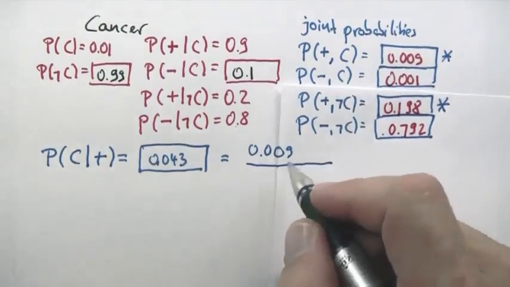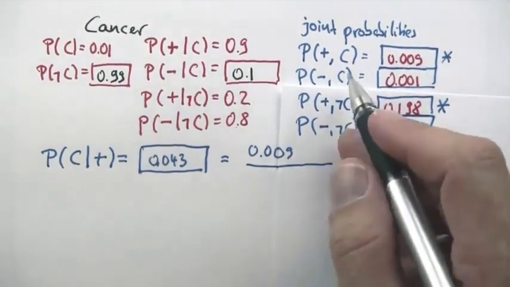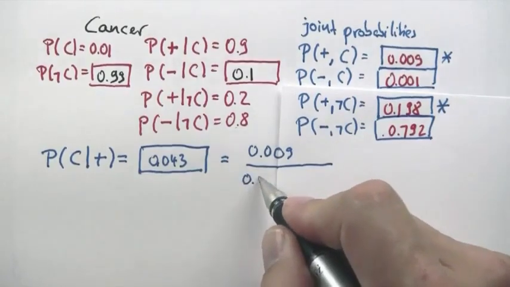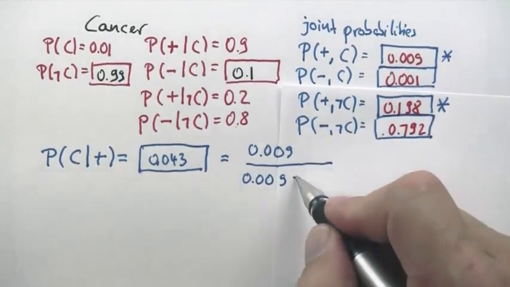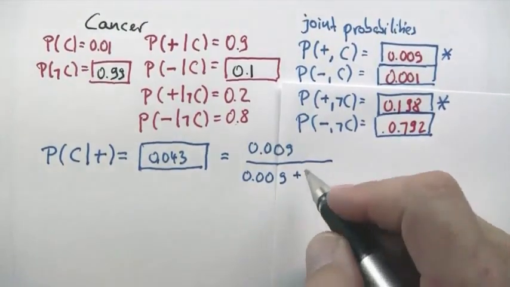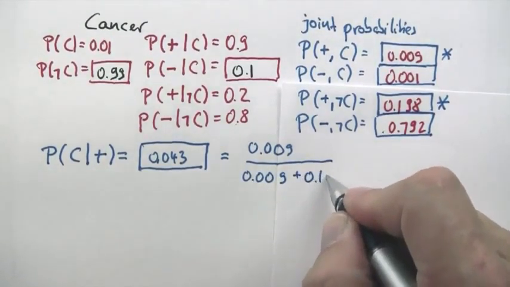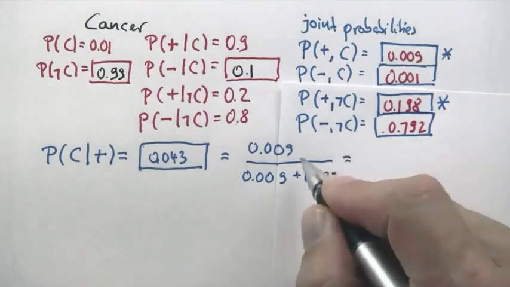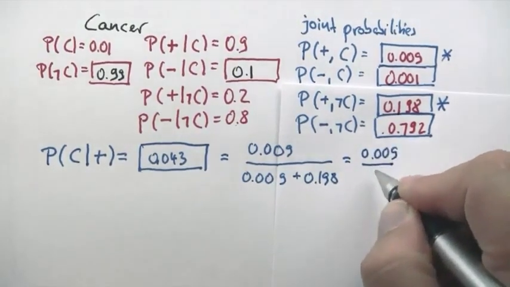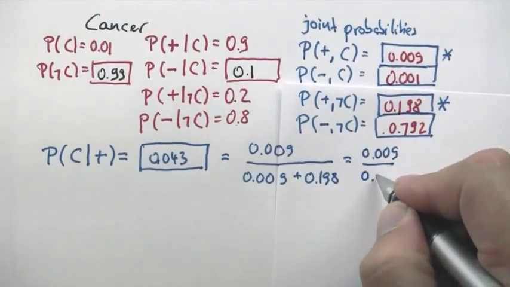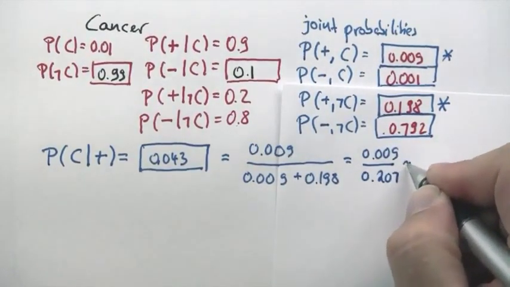Well, I might, when I receive a positive test, have cancer or not cancer. So let me just normalize by these two possible causes for the positive test, which is 0.009 plus 0.198. When I work these two things together, I get 0.009 over 0.207, which is approximately 0.043.